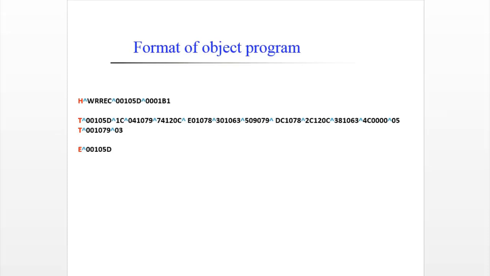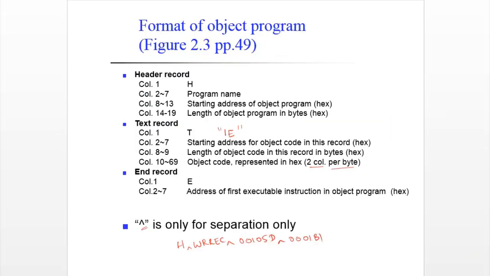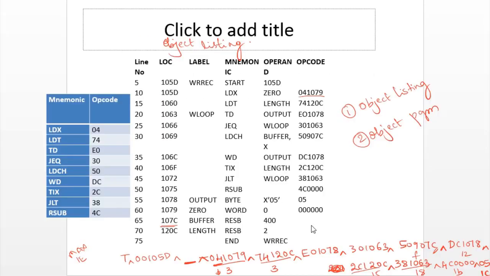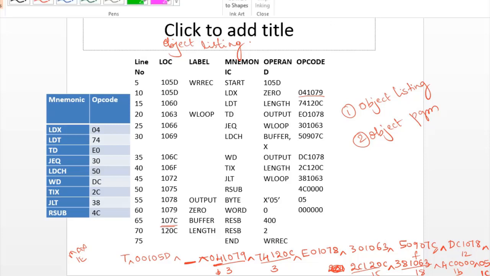D, E, F. That means F I cannot accommodate, right? So up to 1C I can accommodate here. If I have to include the next value also in this text record, will it fit? Already I have used 1C bytes.